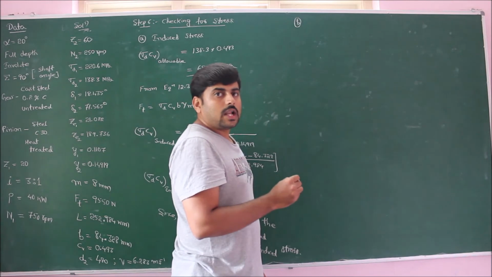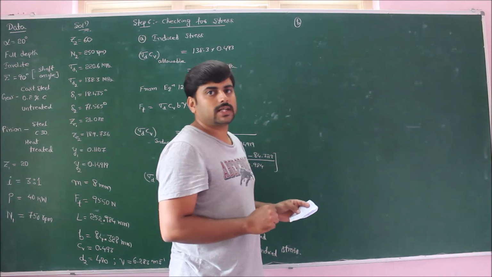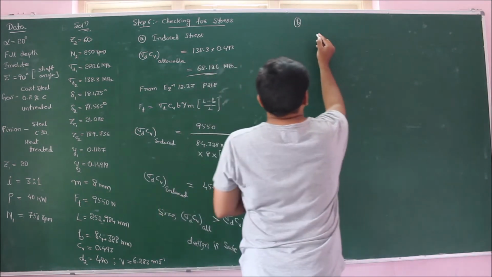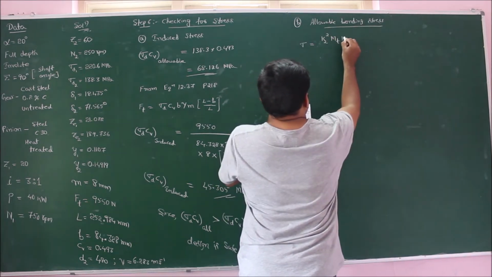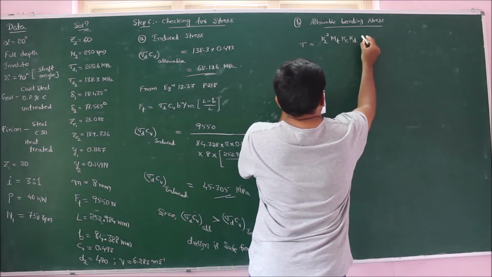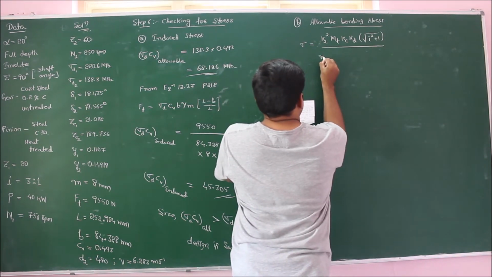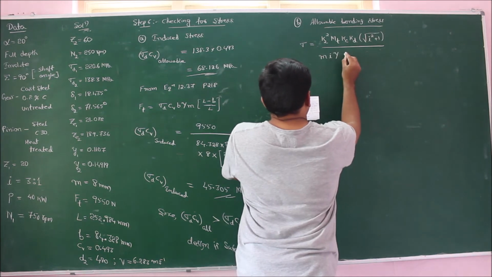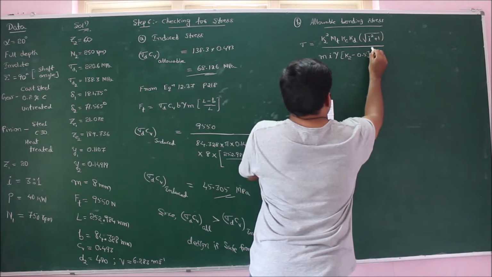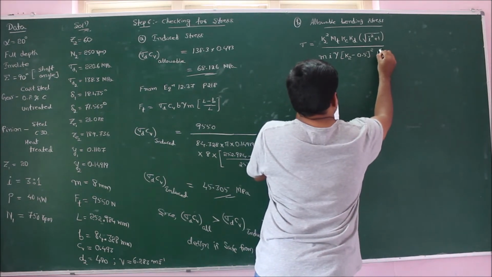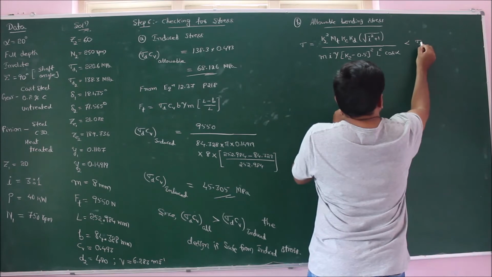Now coming for allowable bending stress, referring to equation 12.42, page number 219 of our design data handbook, we have the allowable bending stress equation as sigma is equal to K2 square Mt Kc Kd into square root of i square plus 1 whole divided by module times i capital Y times K2 minus 0.5 square into L square cos alpha, it should be less than sigma d.